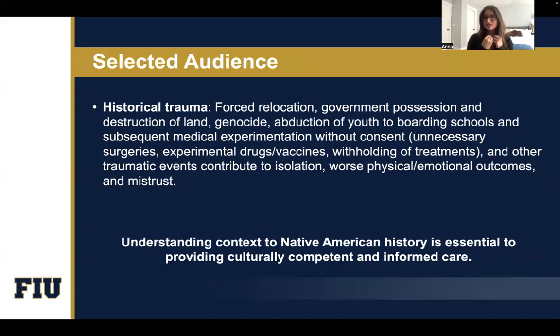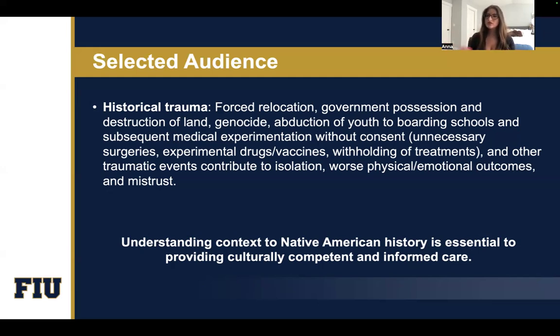It's also important, again, to talk about the historical trauma. So as we mentioned, the forced relocation, government possession and destruction of land, genocides. And then another important thing to remember, especially when we're talking about treatments and experimental treatments, is that there is a history of Native American youth being abducted and sent to boarding schools without consent.